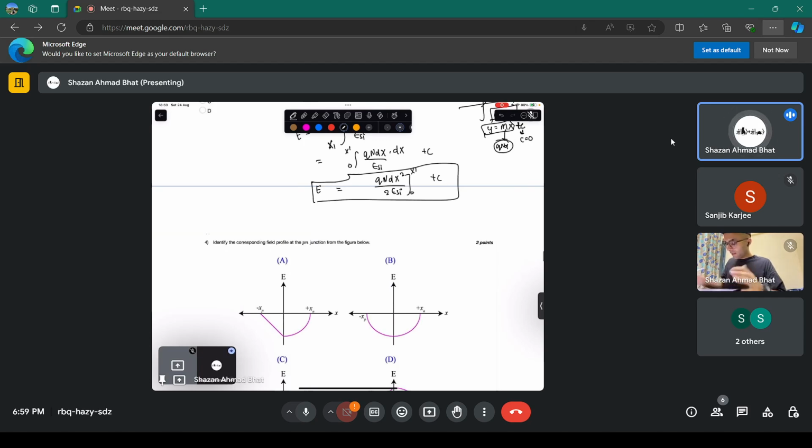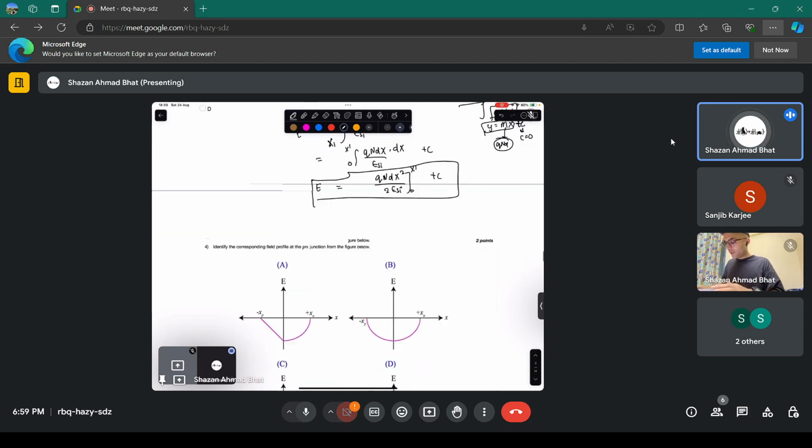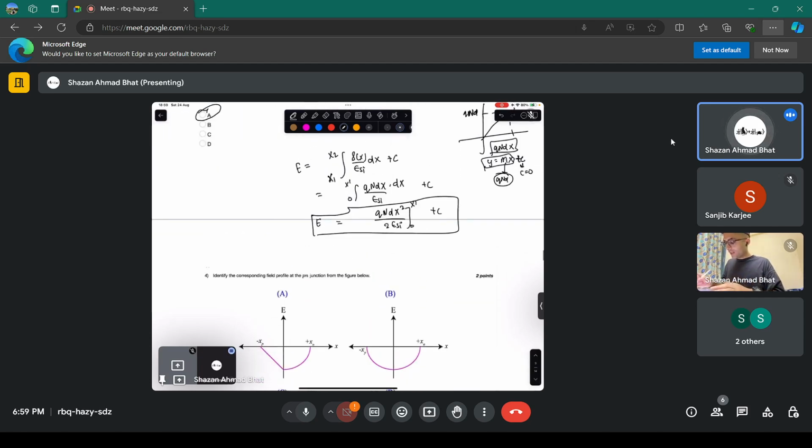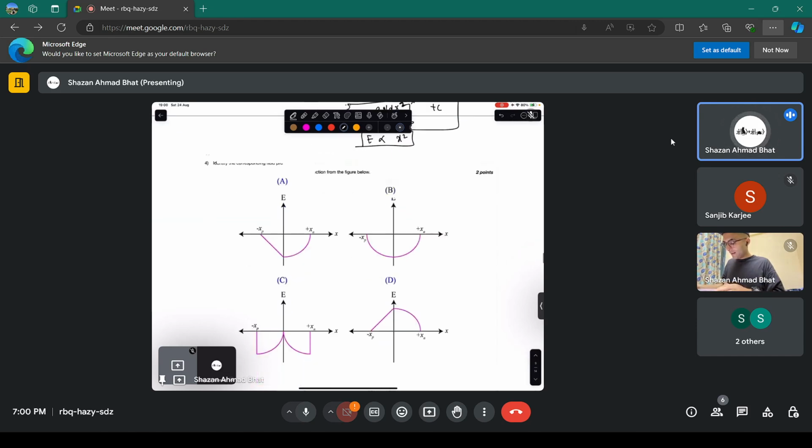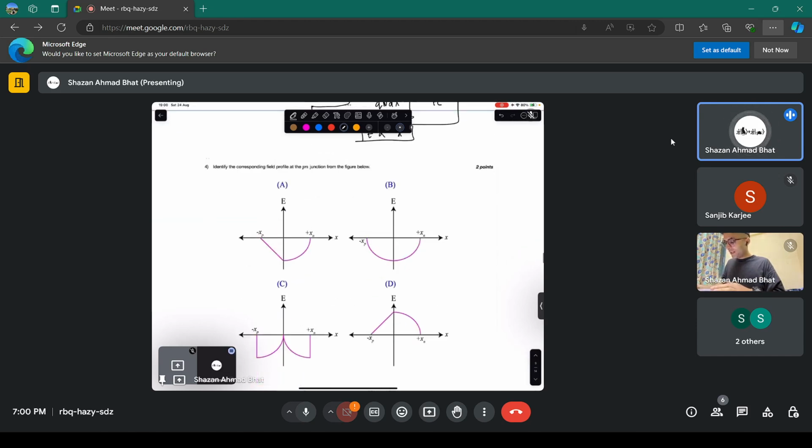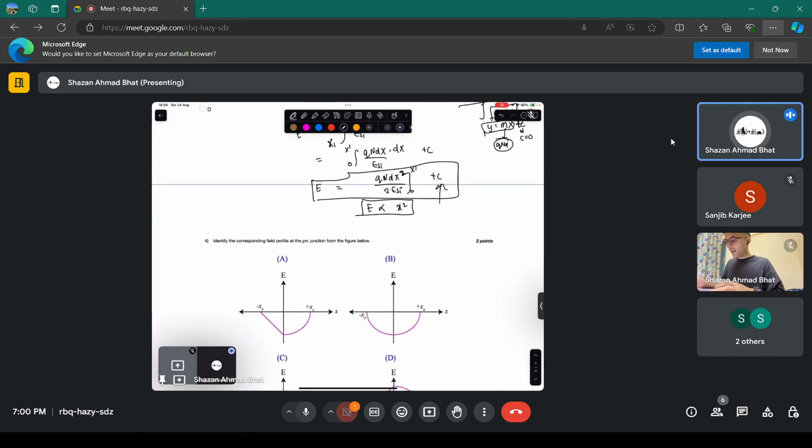And just from visualization, you get to know that the electric field is going to vary as x square, which is a parabola. Now you have to compute this particular c, following the similar procedure which I showed in the previous one.